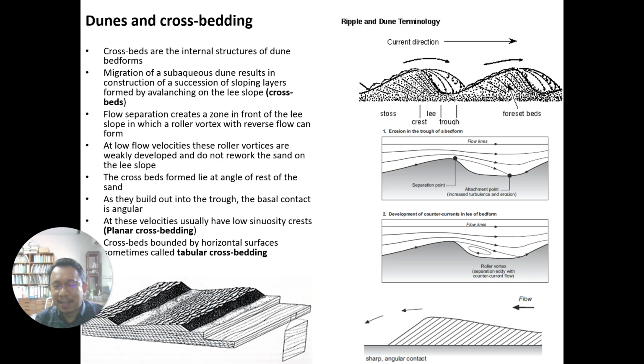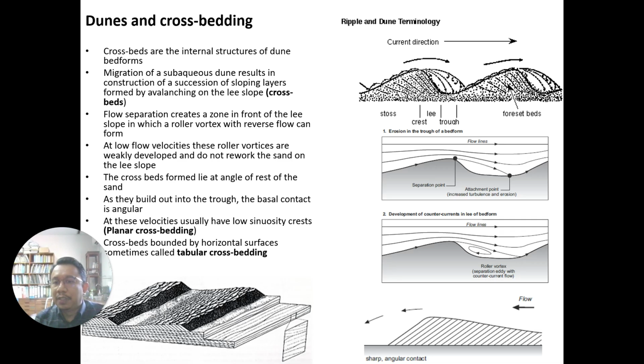You have a unidirectional current, build-up of sediment, and then avalanching of the sediment to form the lee, and the lee side builds up with more and more layers of cross bedding. Then you can have erosion of the trough, resulting in migration of dunes down current. You can have subaqueous dunes forming in rivers, in tidal straits, or in deserts, in lots of different environments, as long as you have flow in a single direction.